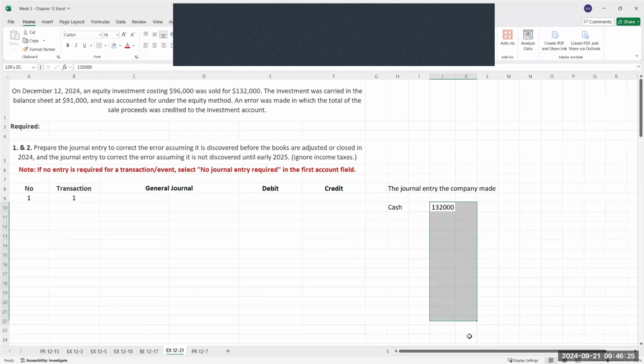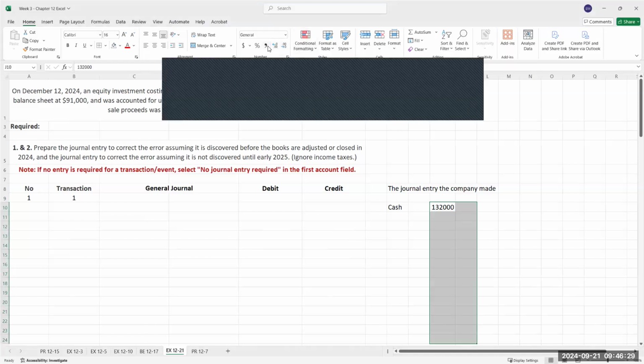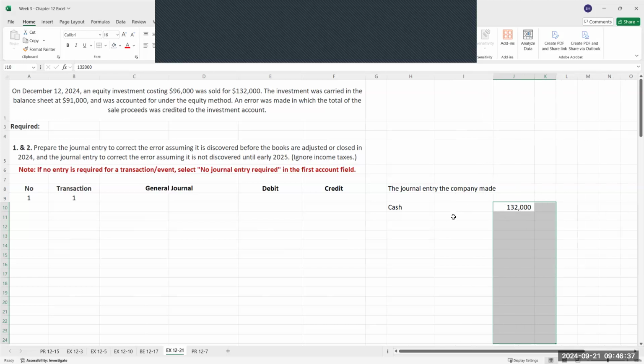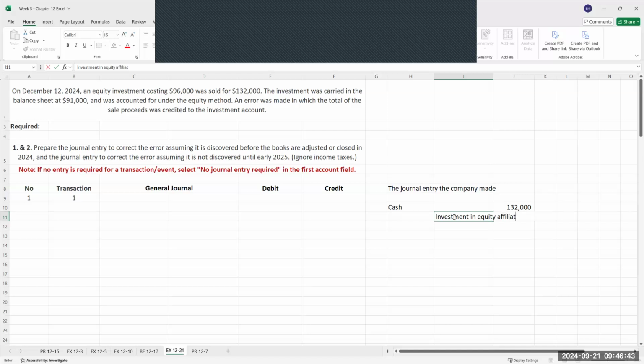All right, I'm just going to make these a little more formatted. So we recorded the cash of $132,000. And then we accounted for the investment in equity affiliate for $132,000, right?